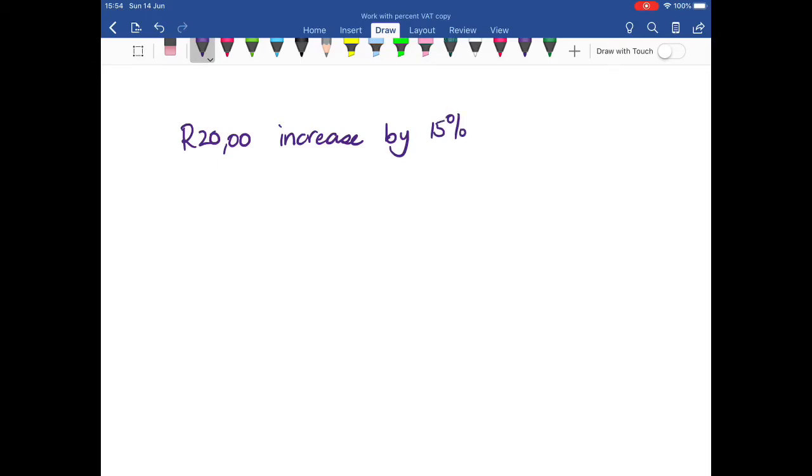For example, if you had 20 Rand and you increased it by 15%. Now remember, I always say to you, write the 15% as 15 over 100, which equals 0.15.